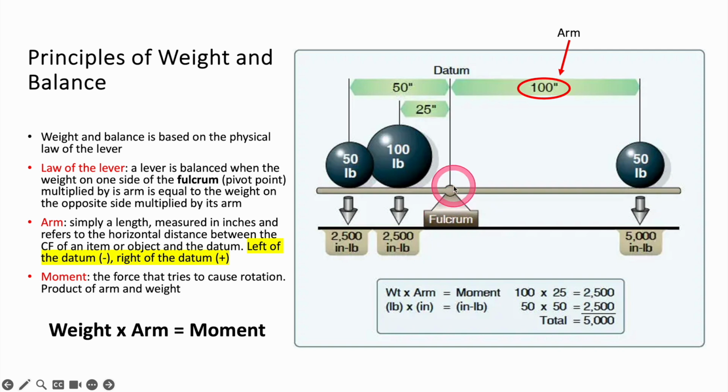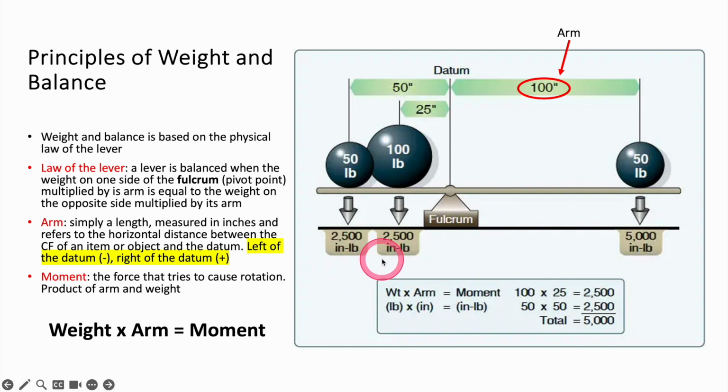Most diagrams are laid out in the same way, so anything to the left of the fulcrum is usually subtracted, or a negative number, because it's ahead of the fulcrum. Anything to the right is a positive because it's added to the distance from the fulcrum.